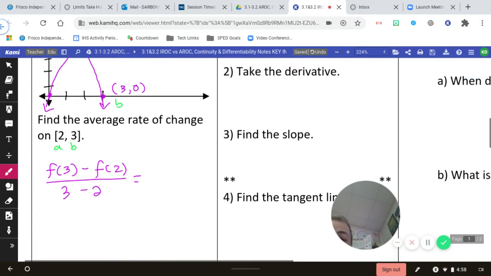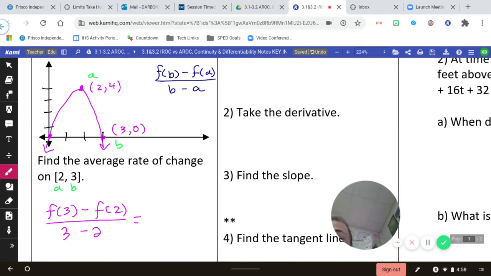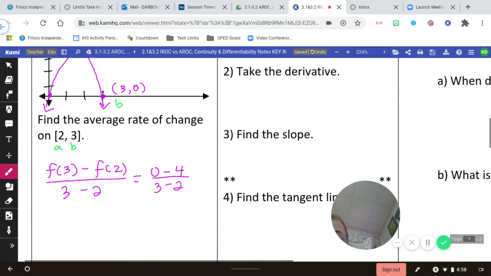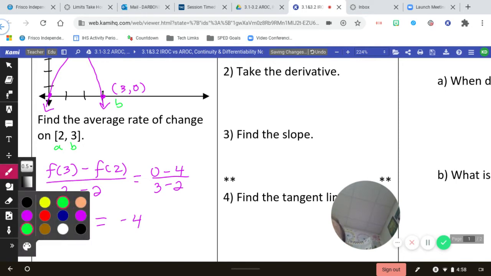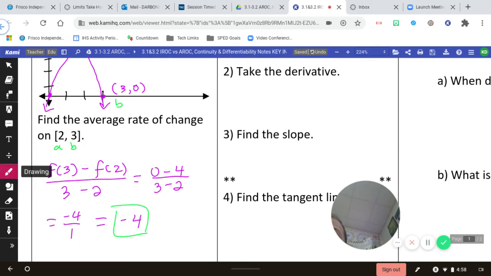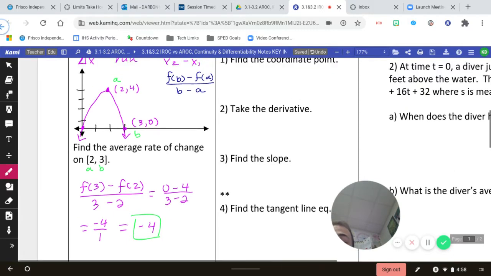which would be equal to my y value at 3 is 0, minus my y value at 2 is 4, over x value 3 minus 2, which is equal to negative 4 over 1, which is equal to negative 4. And what we just got is our average rate of change.